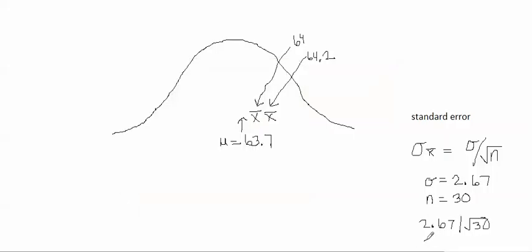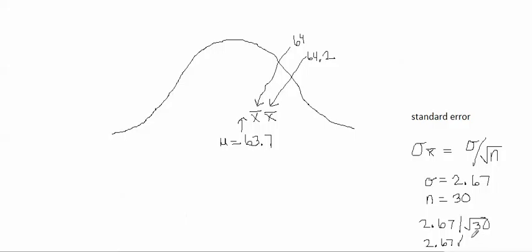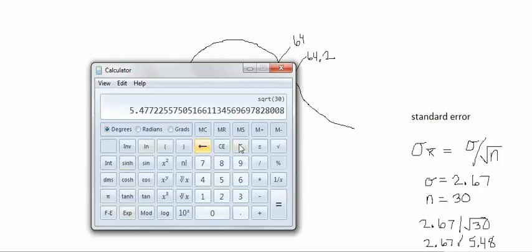So we actually want 2.67 divided by the square root of that number, 5.48. 2.67 divided by 5.48 is about 0.49. So that's our standard error.